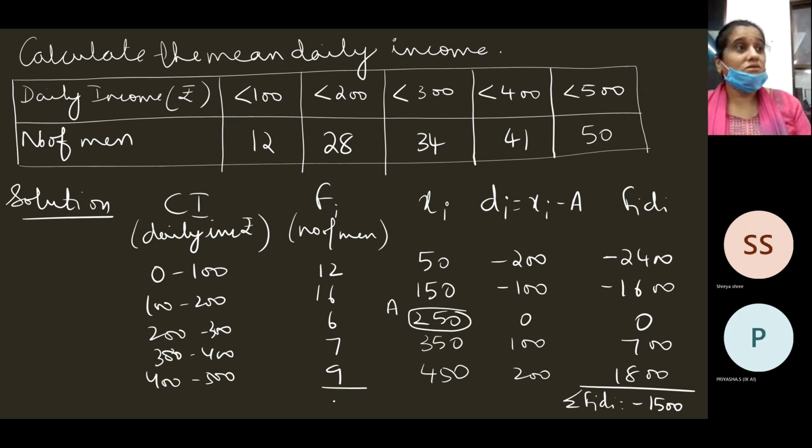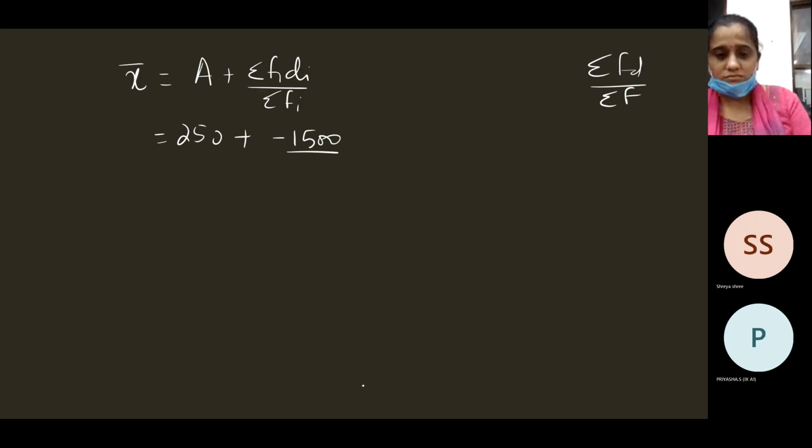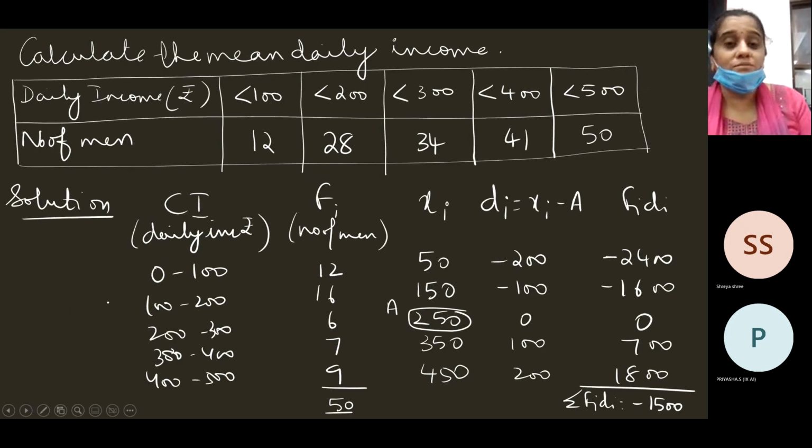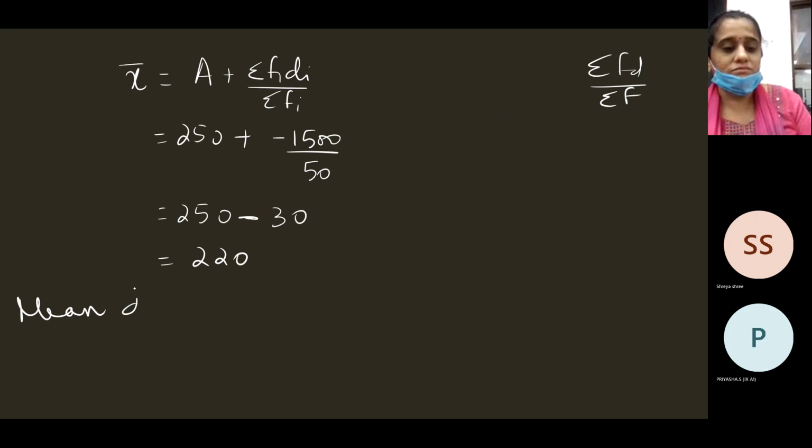How much? 50. So 250 minus 30 is 220. So the average income, or the mean daily income, is 220.